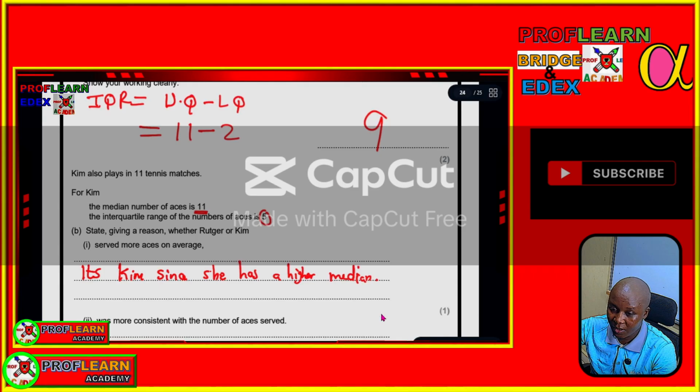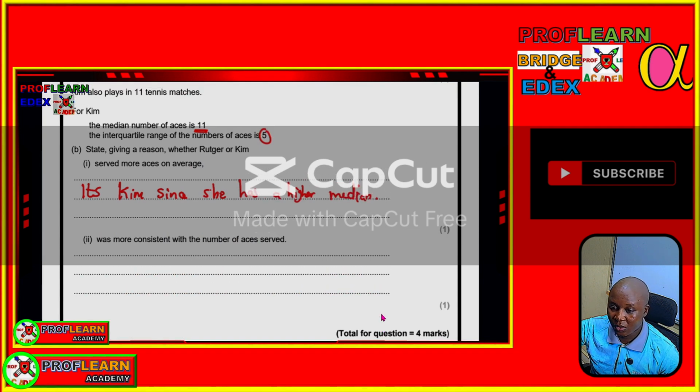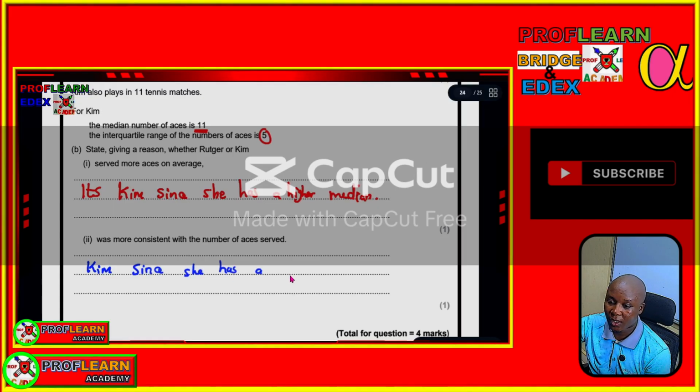Kim has a higher median, so she served more aces on average, and the more consistent is going to be Kim. Why? Because of the smaller interquartile range.